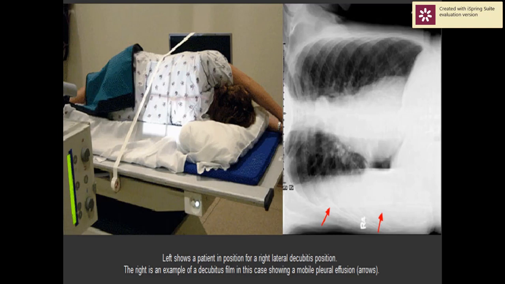Lateral decubitus chest X-ray is very important. It gives us two pieces of information about the pleural effusion. First of all, that the fluid is free flowing pleural effusion, and second, we can also measure the amount of fluid.